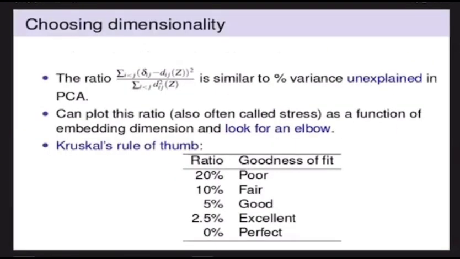Okay, choosing dimensionality. You remember in PCA, in principal component analysis, we also faced identifying the number of components, right? At times we choose the first two, the first three, and so on. We're also going to be faced with the same challenge here in MDS.